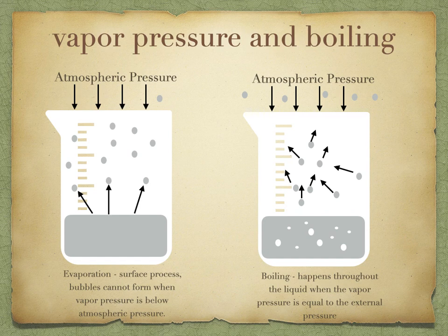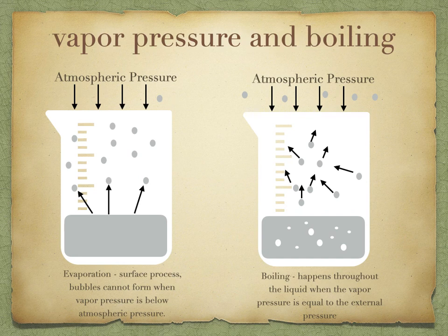So at any temperature of a liquid, some particles, again average kinetic energy, have enough energy to escape the liquid and go into the vapor form. But that only happens across the surface of any liquid in an evaporation process. And when that is taking place, it's taking place below the boiling point.